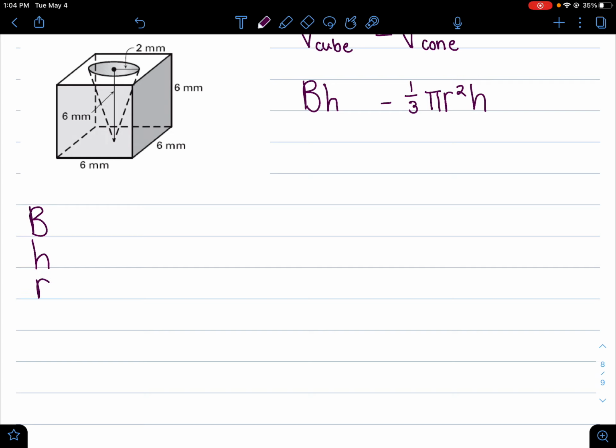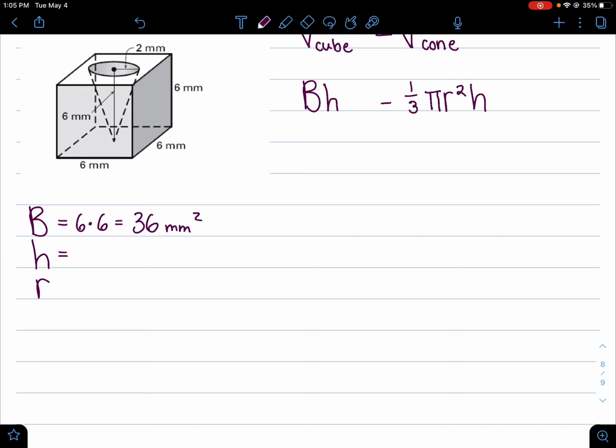All right, even though the cone may be a little intimidating, this is a very straightforward problem. The area of the base of the cube is going to be 6 times 6 units long. So that lets us know that the area of this square right here is 36 millimeters squared.